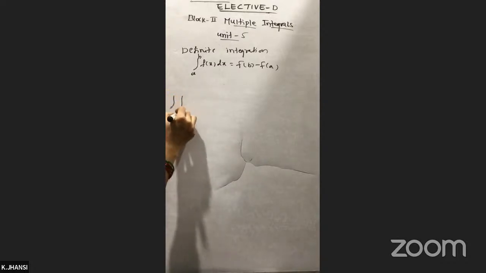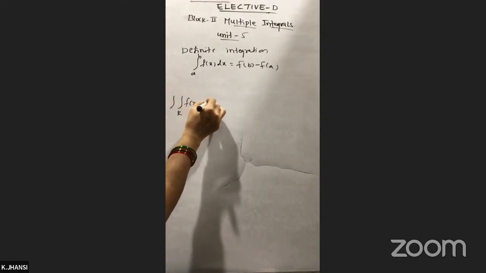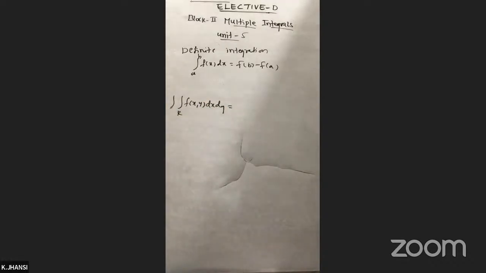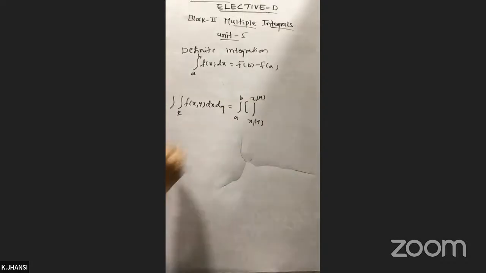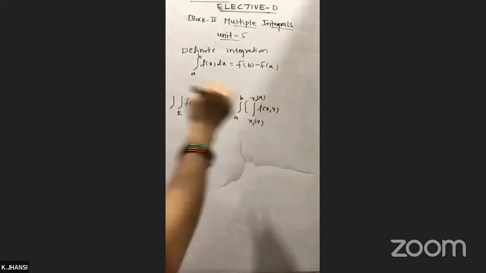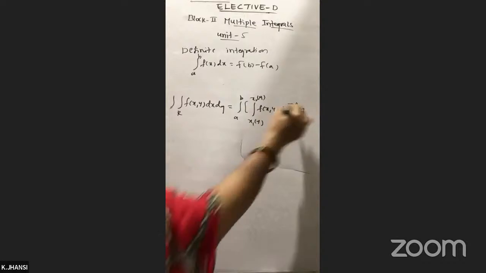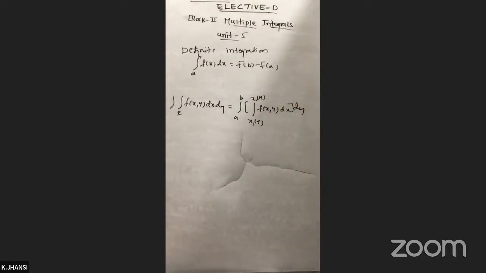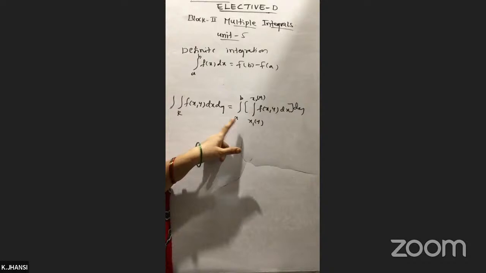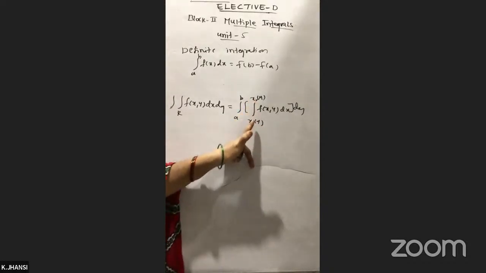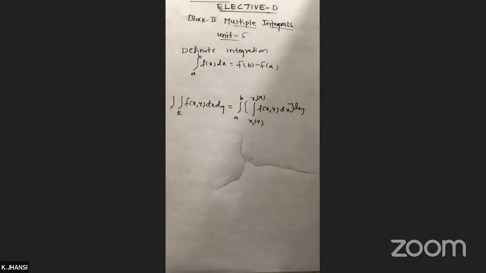If R is the region, the function f of x comma y dx dy is represented as a double integral, equal to the integral from a to b, and from x1 of y to x2 of y, of f of x comma y dx dy. So there is integration with respect to y and also with respect to x. Here, for one variable you take the limit values as constants outside, and do the integration with the inner limits first, and after that do the second one. We'll see one problem, then you can understand the concept.